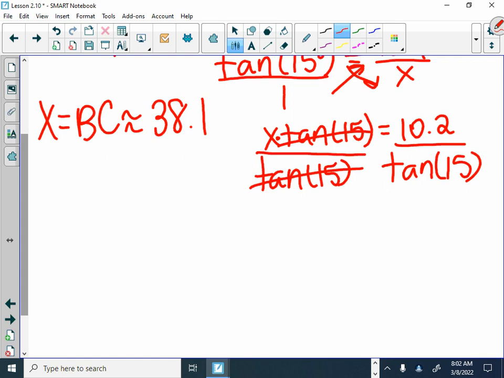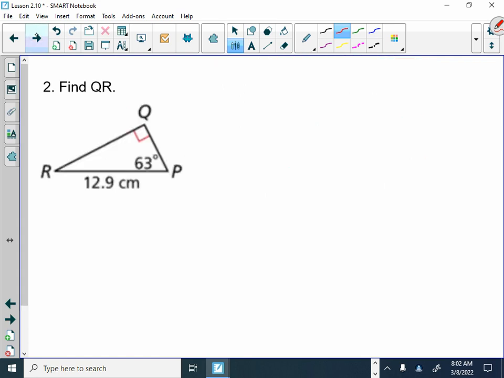Alright. Questions on that first one? Let's do it. Alright, number 2, I'm asked to find QR. Whatever side you're asked to find, label it as X from the get-go. Alright, and I'm given that P is 63 degrees.